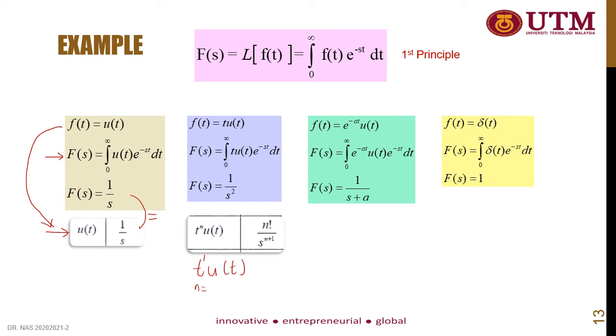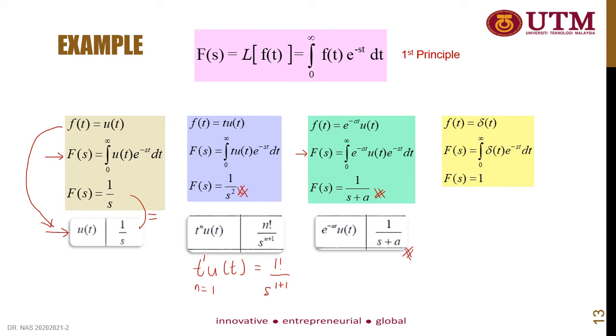So n equal to 1, factorial divided by s^(1+1). So it is the same answer. The third function, e^(-at) u(t). Again, using first principle, you get this equation. Now compare with the table. If you have e^(-at) u(t), you get 1 divided by s plus a straight away.